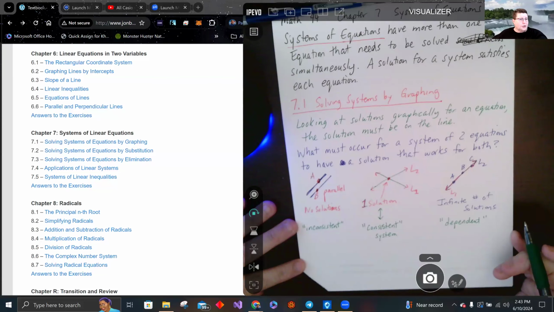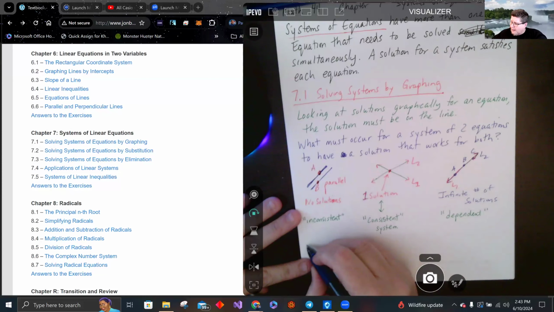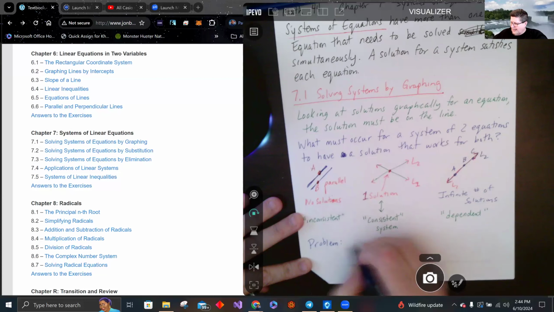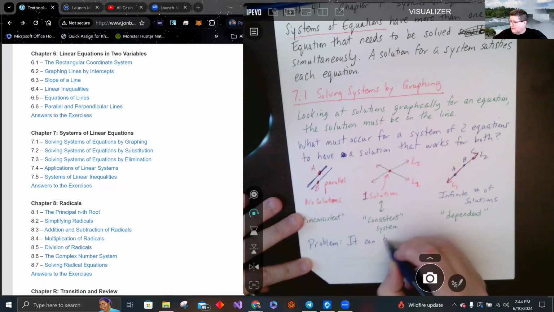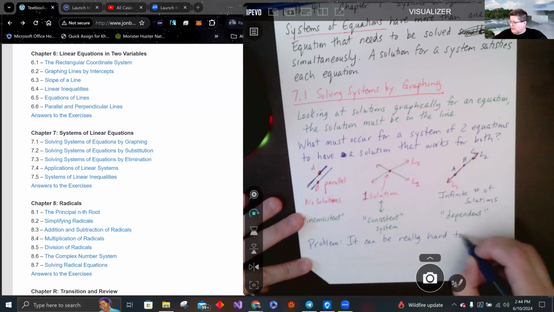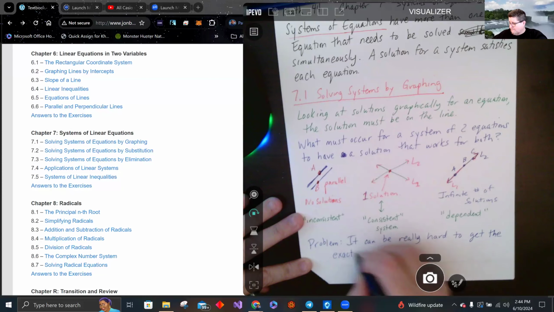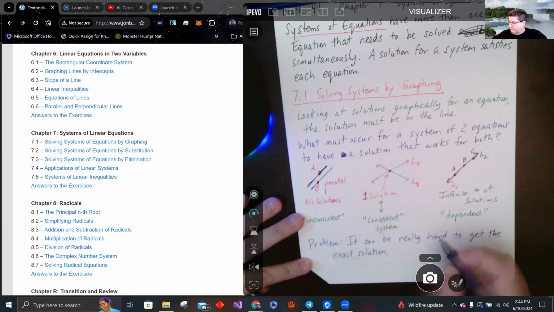All right, so when we do it graphically, there is a problem. One problem with graphical solutions. It can be really hard to get the exact solution. And so often this ends up being an estimate at best.